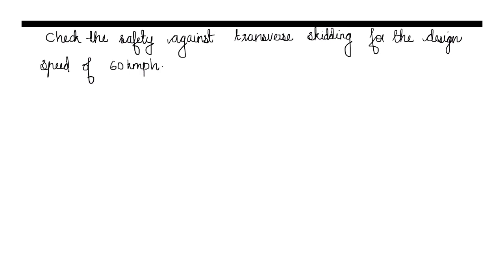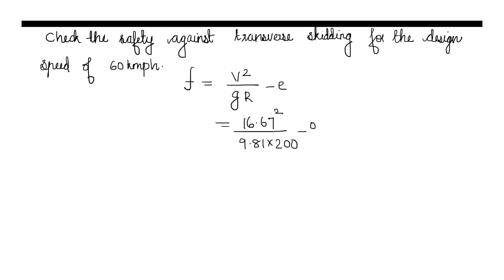Next, we need to check the safety against transverse skidding for the design speed of 60 km per hour. We have coefficient of lateral friction F as V square divided by GR minus E. V is 16.67 or 60 into 5 by 18. The whole square divided by G is 9.81, R is 200, and super elevation we take as 0.07. We limit as 0.07, and this value is 0.0716, and this value is less than the allowable value of lateral friction, that is 0.15.